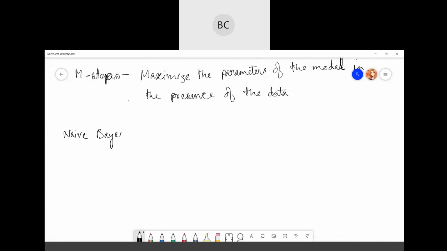I guess you guys already know this part. Anyone?